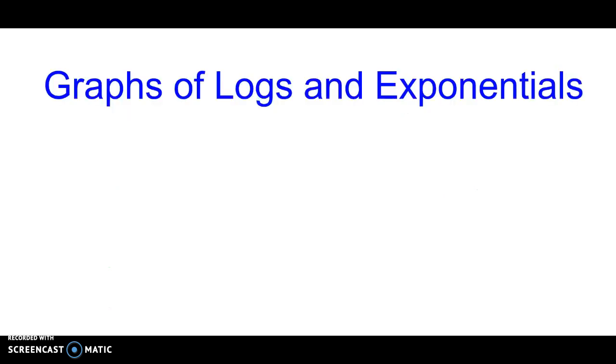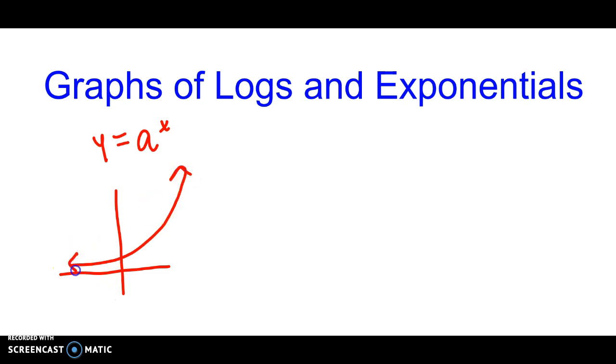That leads me to our next thing: graphs. Start with the graph of an exponential, a to the x. The shape of the graph shows exponential growth. All of a sudden we're very flat, and then we get increasing by a lot.